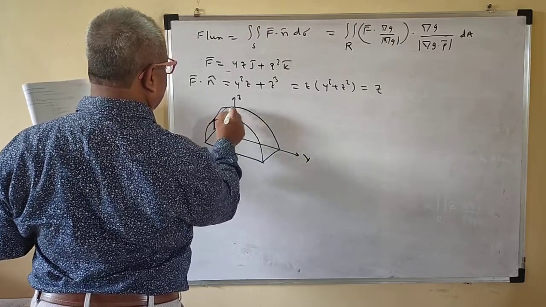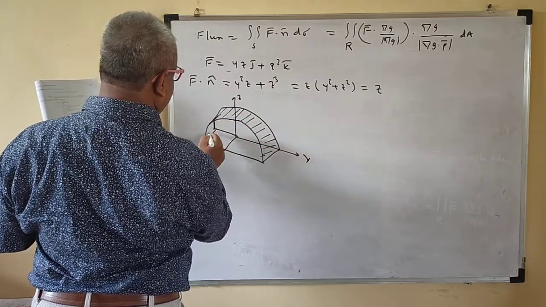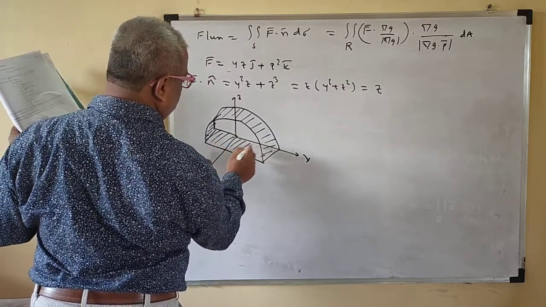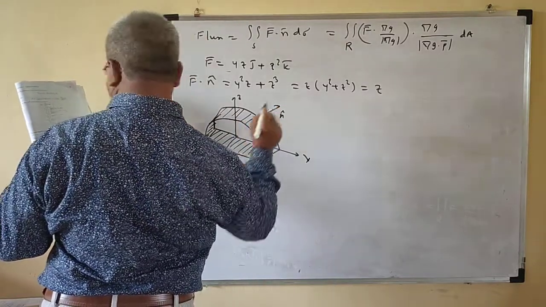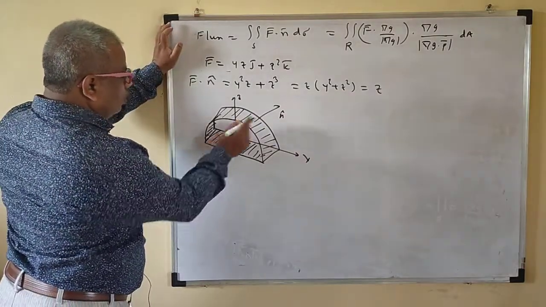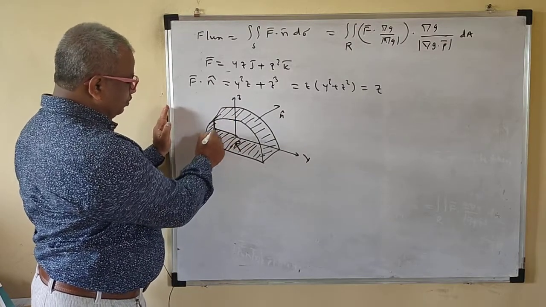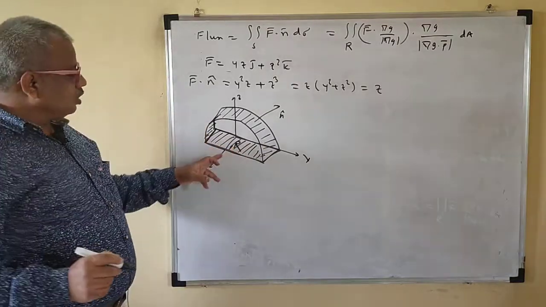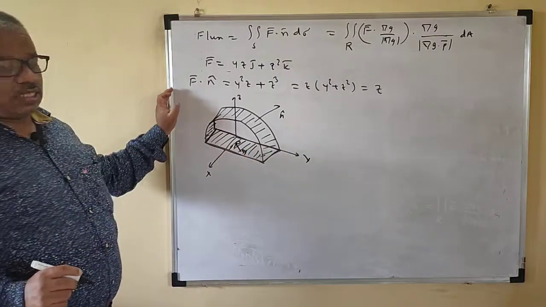Actually this is a three-dimensional figure, very complicated to draw. So this is your n cap. Now the projection of this is nothing but this, so this is your region R. This is the xy plane, region Rxy.